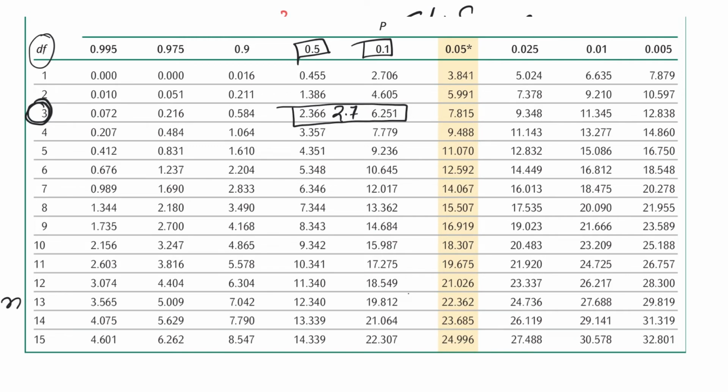What does that mean? That means the difference between what we observed and what we expected, the probability of that being due to chance, is high enough.